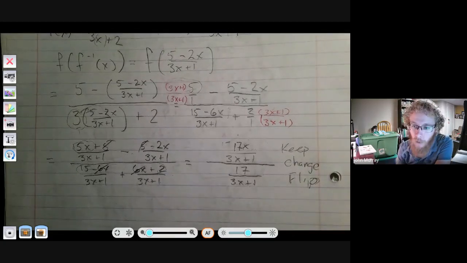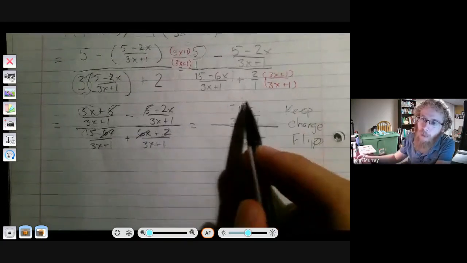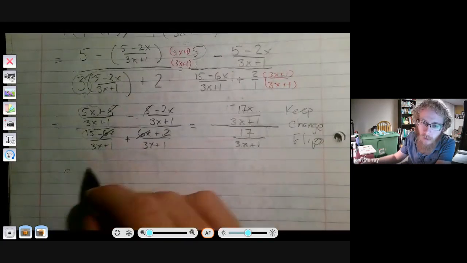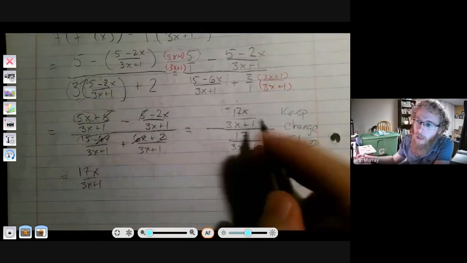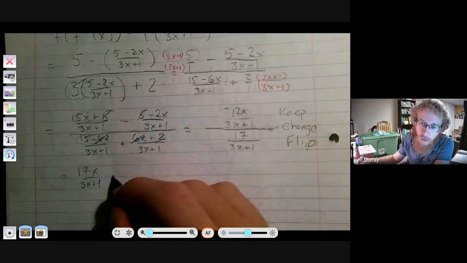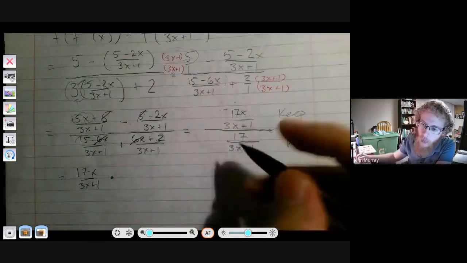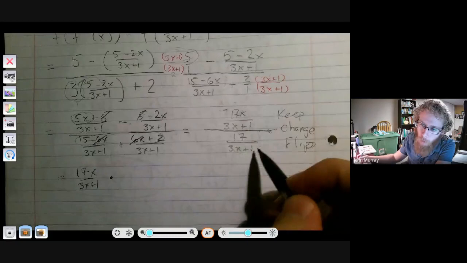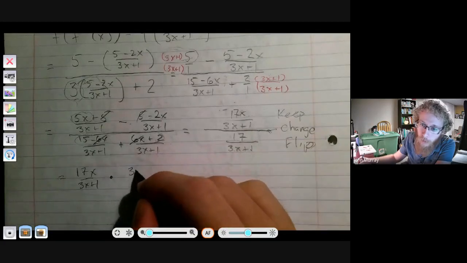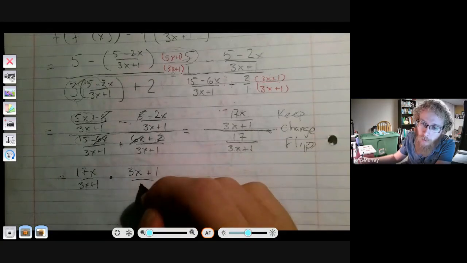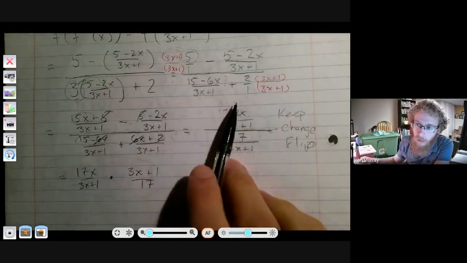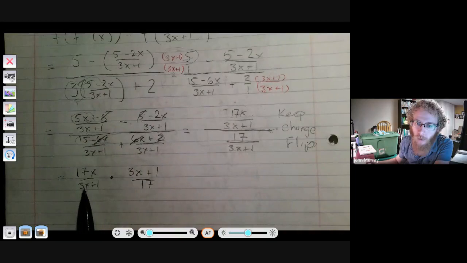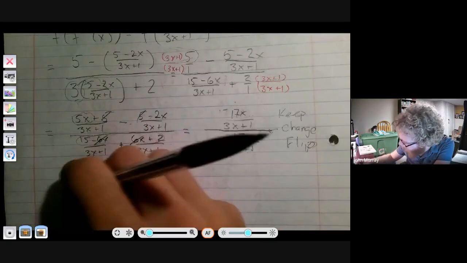All right, so this is going way back. So we're going to keep the numerator as it is, 17x over 3x plus 1. We change division to multiplication, and we take the reciprocal, we flip the bottom fraction. So we kept the numerator, 17x over 3x plus 1.